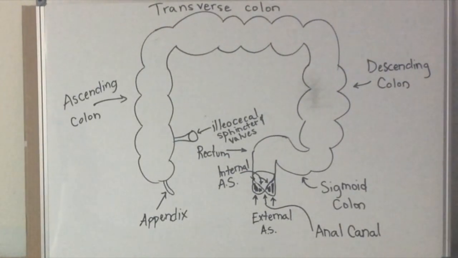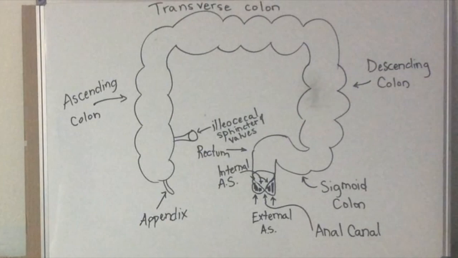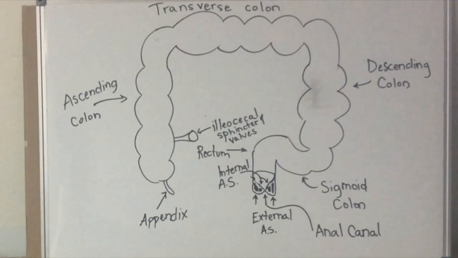Haustral contractions usually occur once every 30 minutes. These contractions are similar to the contractions of the small intestine, where one segment is relaxing while the next segment is contracting. This slowly shuffles the content back and forth.